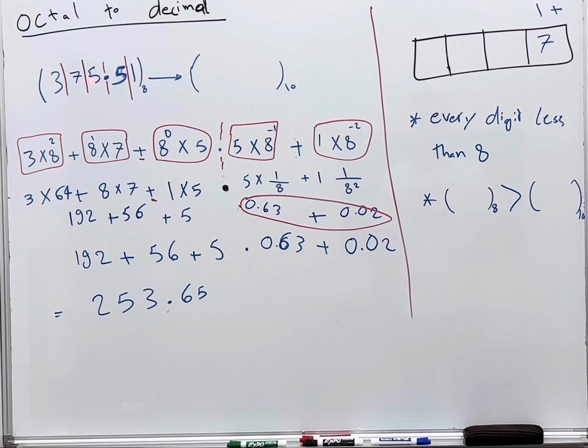So this is 5, and we multiply it by 8 to the power of 0, which is 1. Then we go to this one and multiply it by 8 to the power of 1. Then we take this one and multiply it by 8 to the power of 2.